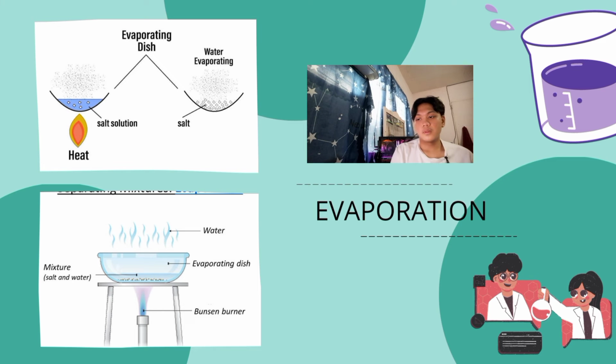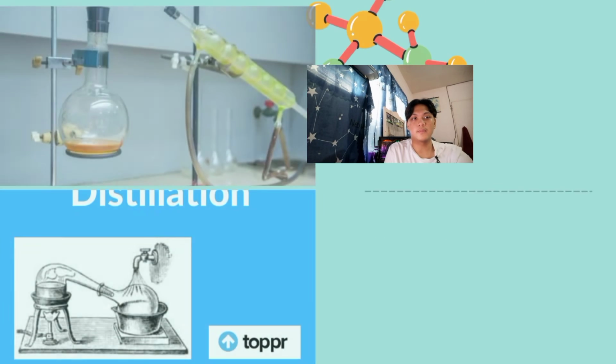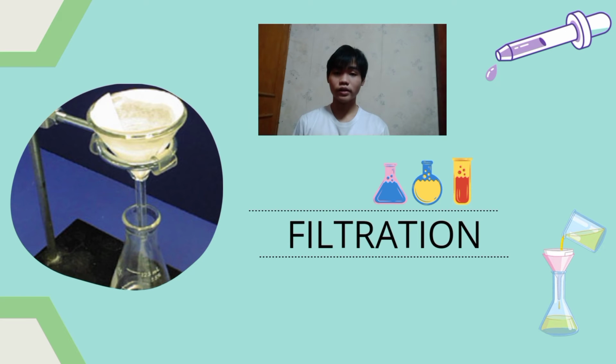Did you know, in most cases, the drying of puddles, ponds, or even lakes is proof of evaporation taking place? So, filtration. This is a technique in which an insoluble solid is separated from a liquid. By this, a filter-like mesh cloth or filter paper is used to separate solid components from the liquid.